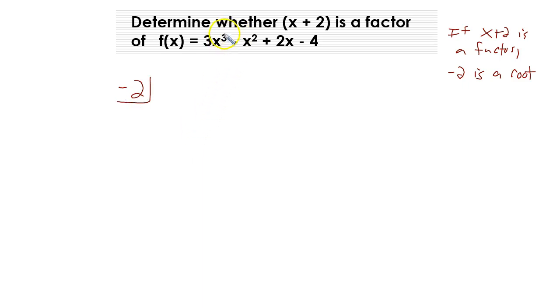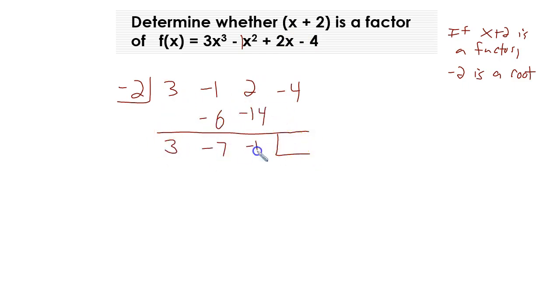Do my countdown, exponent of 3, 2, 1, 0. They're all there, so I can bring down my coefficients of 3, negative 1, positive 2, and negative 4. Remember, the remainder is what I'm looking at here. And I got positive 20. Since positive 20 is not 0, the remainder is not 0.